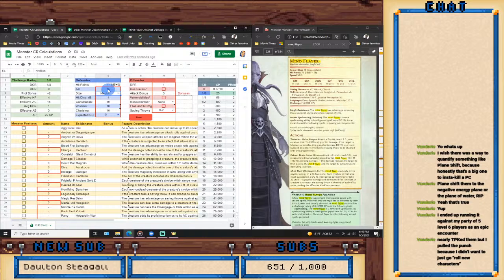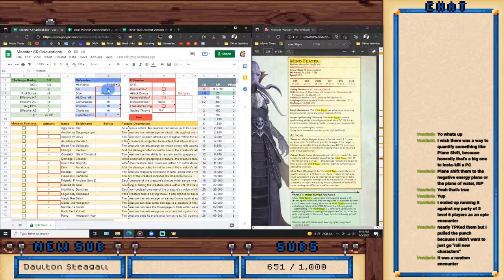Because if it was a random encounter, I could totally agree with that. If it wasn't, and it was part of the storyline, choices were made. Sometimes our players need to KO, unfortunately. Oh, okay, yeah. I don't want my players dying from random encounters. It's just not fun to tell the story. So I totally understand why you pulled the punch.